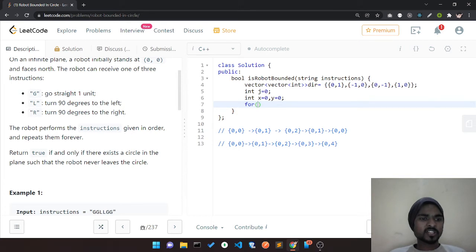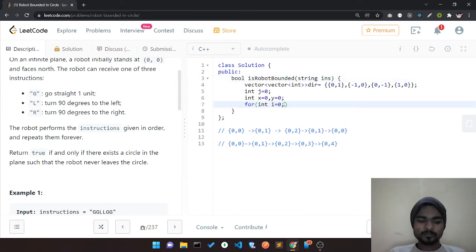Now let's go straightforward. If I reach G, I'll move one unit ahead. If I get the letter L, I'll turn 90 degrees left. If I get R, I'll turn 90 degrees right. So let's write the code. Int i equal to 0, starting from i. The instruction is a long string, so I'll call it ins.